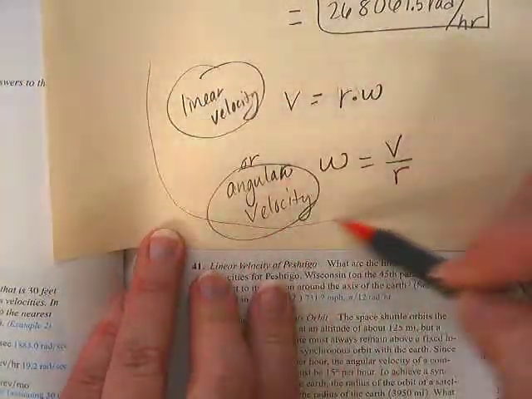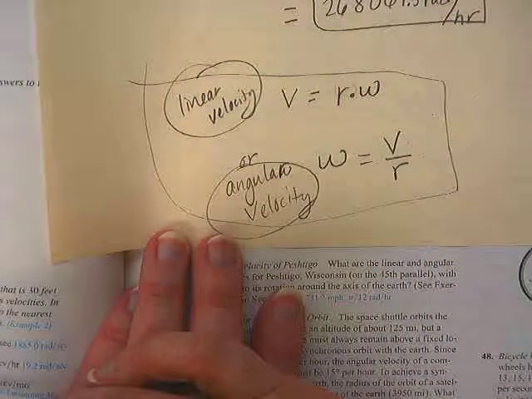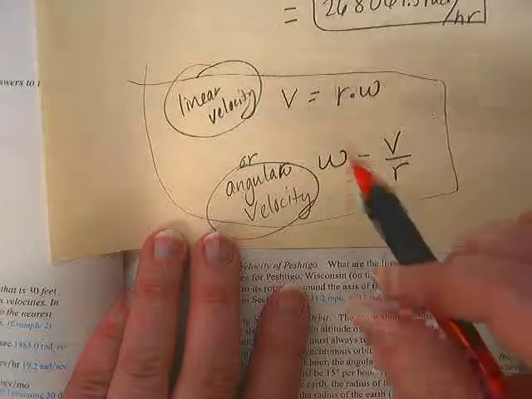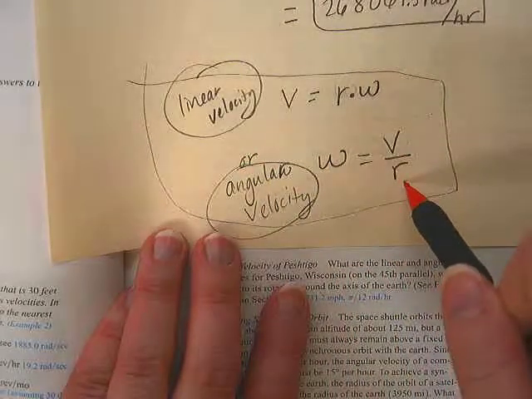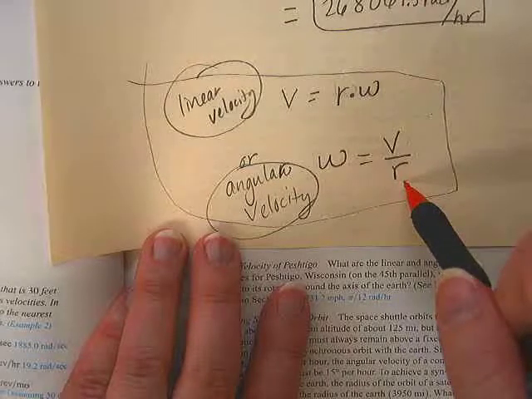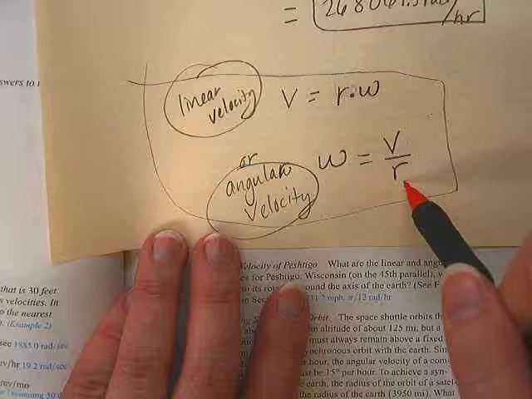I used conversion factors to do the same thing that this little formula we learned yesterday does. So whichever way is easiest for you to understand. If it's easier to just memorize this formula and realize you can switch it to this, then so be it.